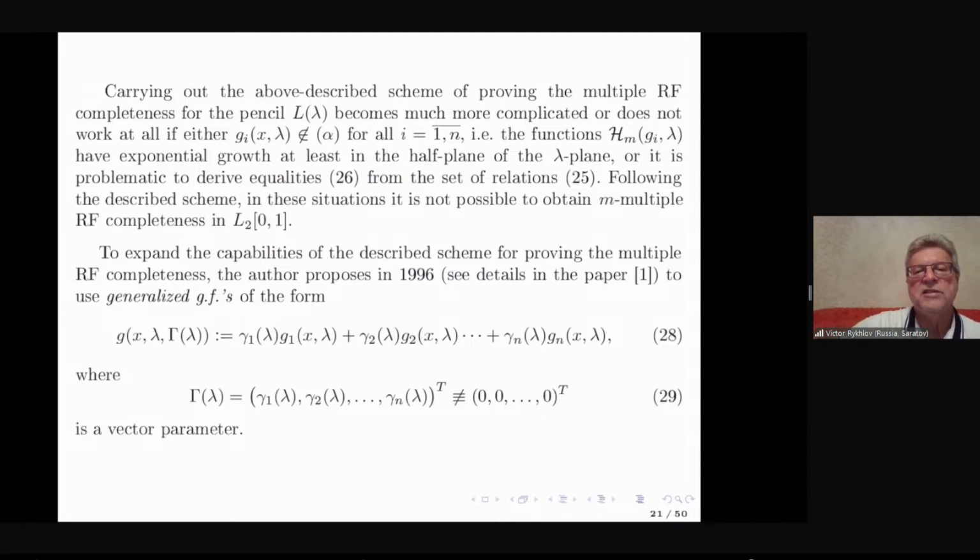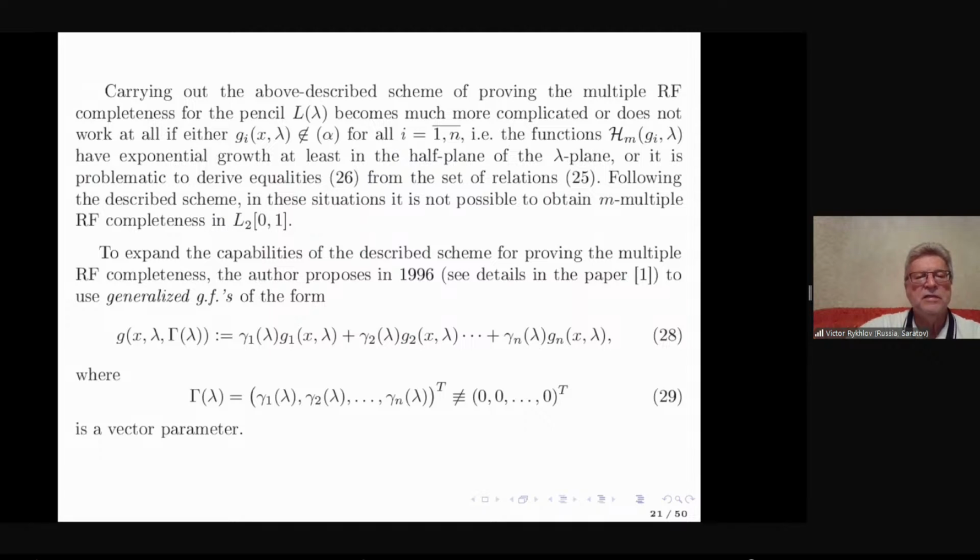That is, the function H_m of g_i of lambda has exponential growth at least in a half plane of the lambda plane, or it is problematic to derive equalities 26 from the set of relations 25. Following the described scheme in this situation, it is not possible to obtain the multiple root function completeness in L2(0,1).